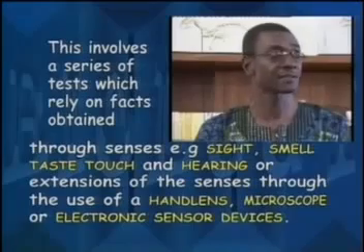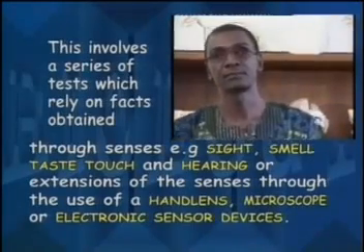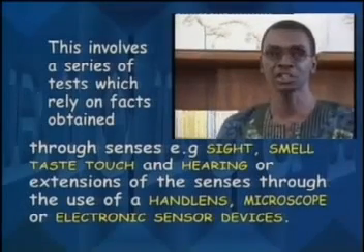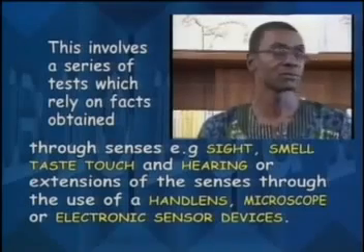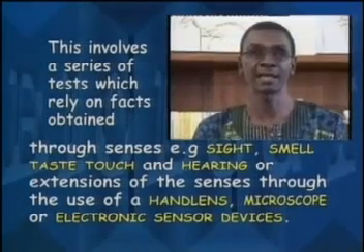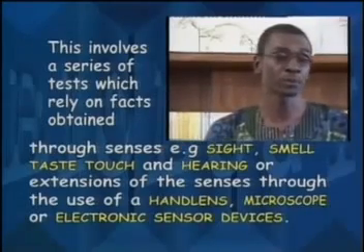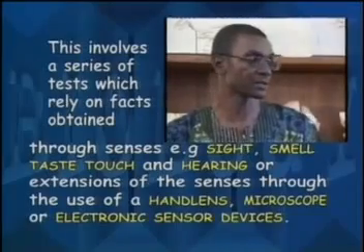Some of our senses are sight, smell, taste, touch, and hearing, or extensions of the senses through the use of a hand lens, microscope, or electronic sensor devices, among others. Now let's look at the various steps that scientists or biologists go through.